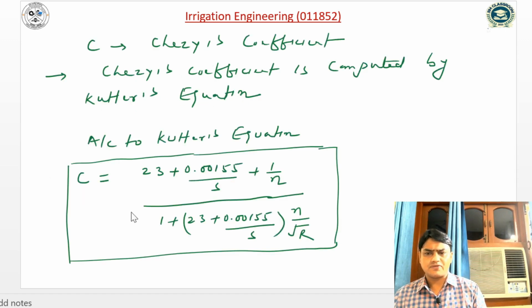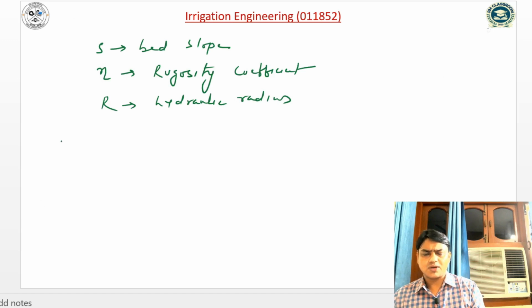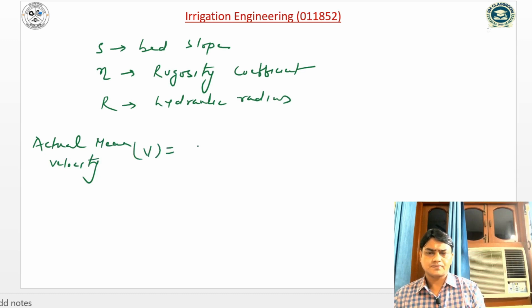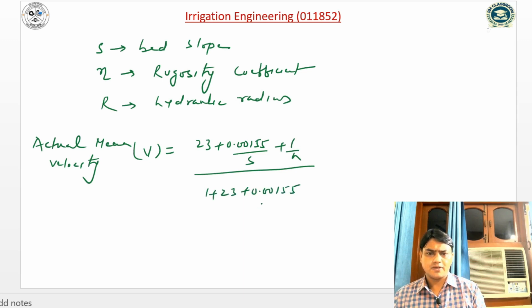So with the help of this, we can compute the actual mean velocity, V is equal to 23 plus 0.00155 by S plus 1 by N divided by 1 plus 23 plus 0.00155 by S into N by square root of R, into square root of R S.